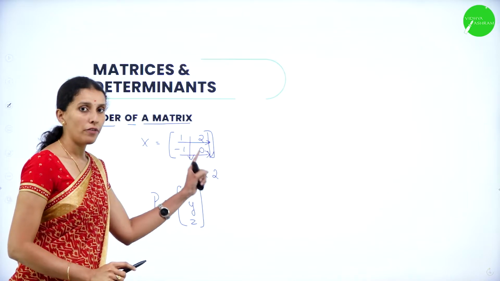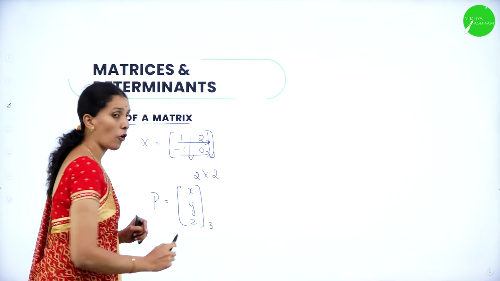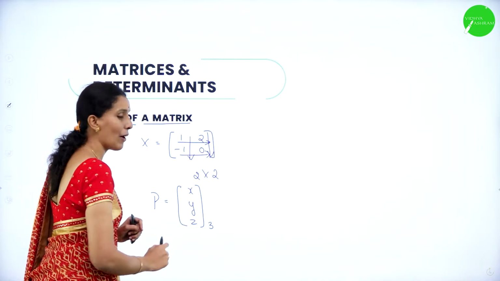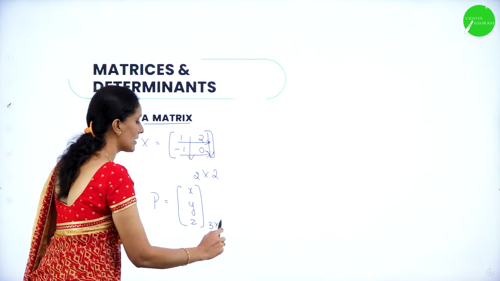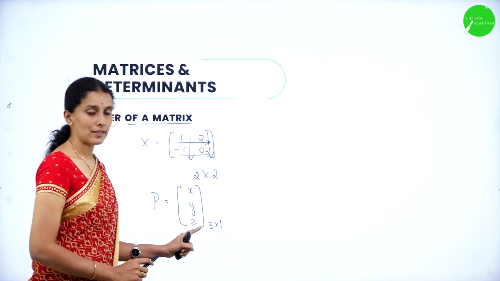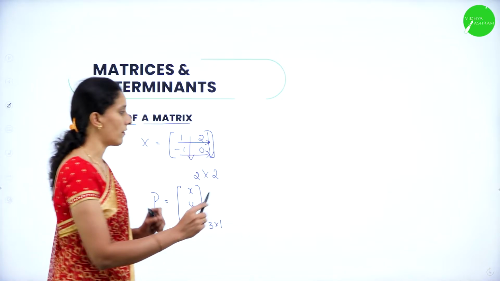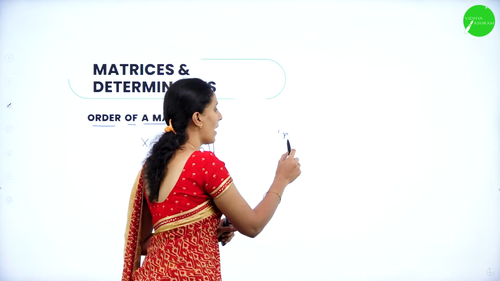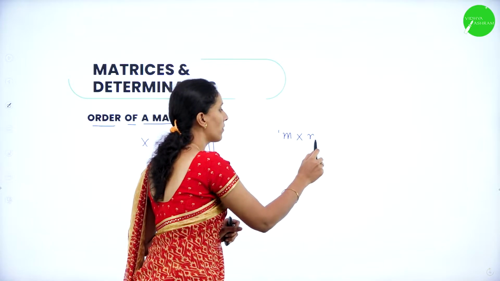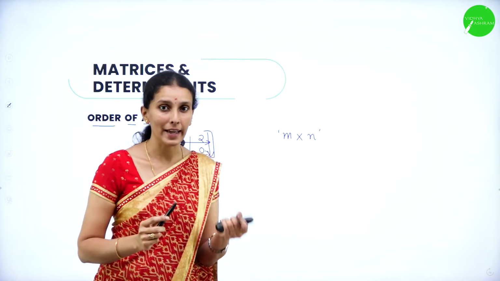What is the number of rows here? You have 3 rows. We write the number of rows first. And here you have 1 column. So you will write this as 3 cross 1. Always the order of rows is written first and then the columns. So in general, we represent any matrix order in the form of m cross n. We read it as m cross n or m by n.